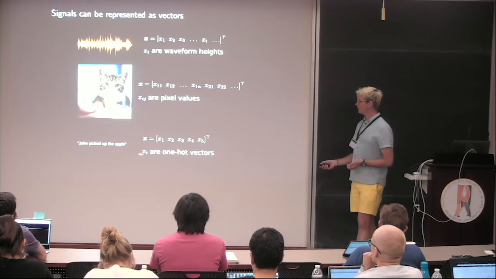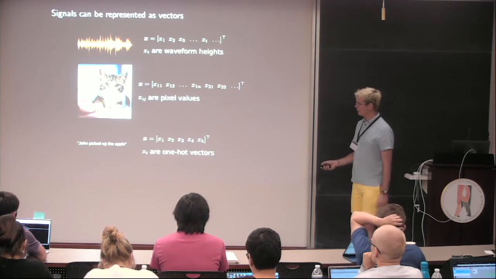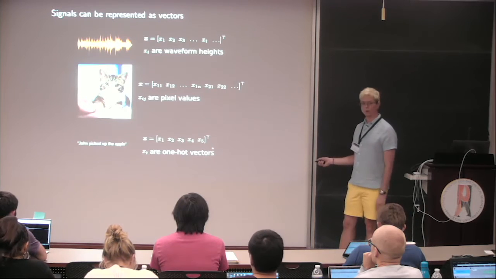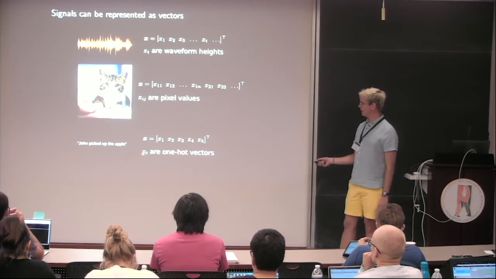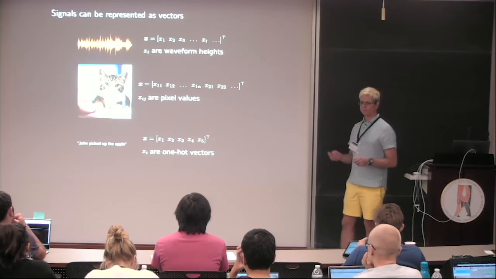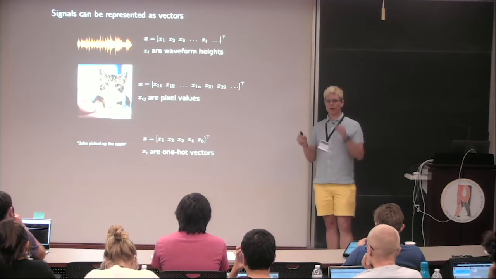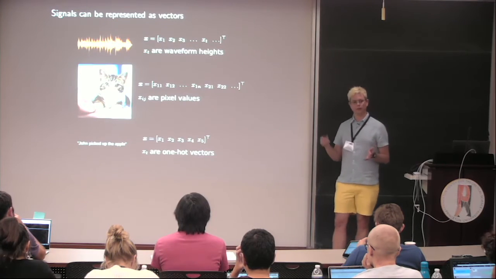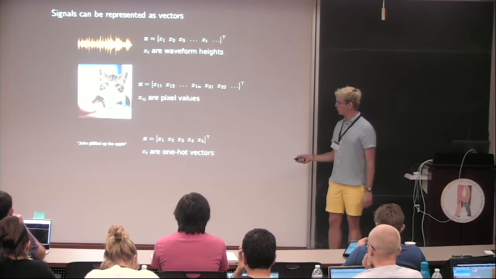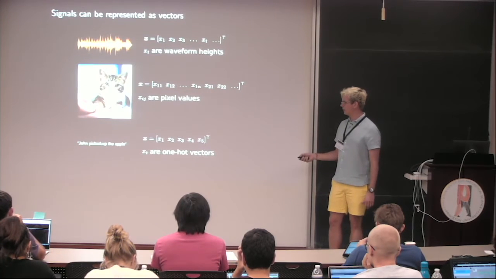Finally, we can also represent the sentence "John picked up the apple" as a sequence of words. Here every x_t is perhaps a one-hot vector, which represents which word out of a dictionary is being used in that specific position. So x_1 may correspond to John, x_2 may correspond to picked.